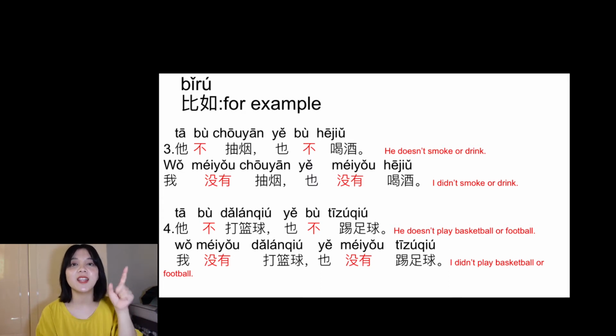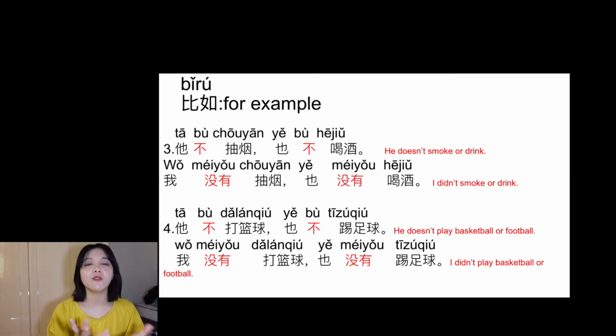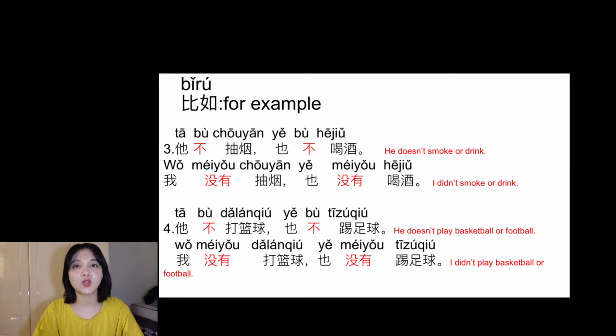So when we say 他不抽烟也不喝酒, it means he doesn't smoke and he doesn't drink. But when you use 没有, for example, 我没有抽烟也没有喝酒, it means I didn't smoke and I didn't drink. Maybe only for today or only for yesterday, but will I drink tomorrow? That's something that will happen in the future, so we don't know yet.